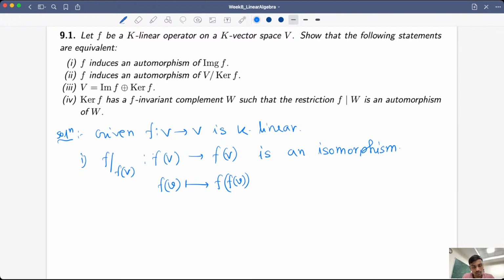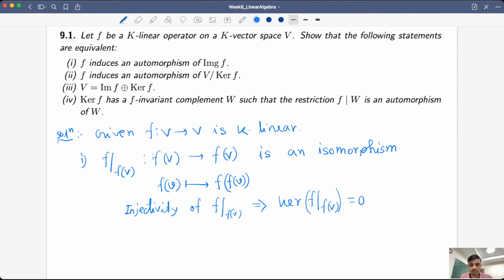So injectivity of f restricted to f of V implies that the kernel of f restricted to f of V is 0. But what is the kernel of this restriction?